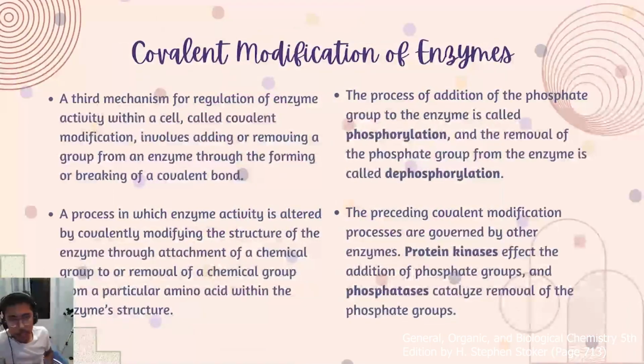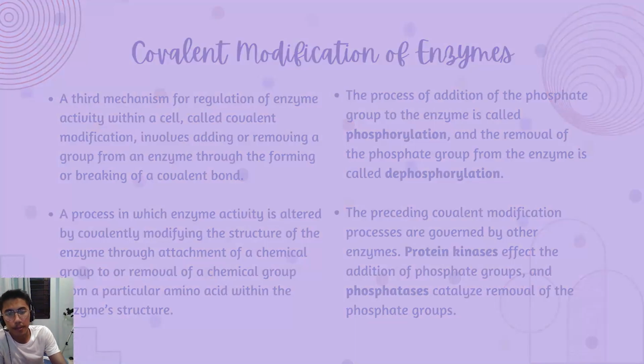The next is just the covalent modification of enzymes, and usually it's just phosphorylation. As I've said, phosphorylation can either activate or inhibit enzyme activity. It just depends on which enzyme we're talking about.